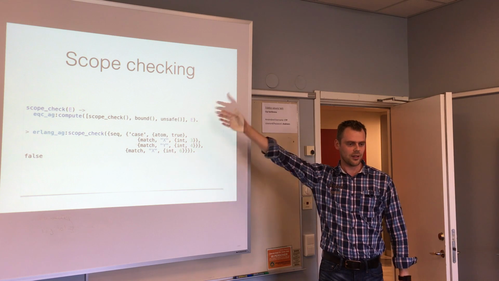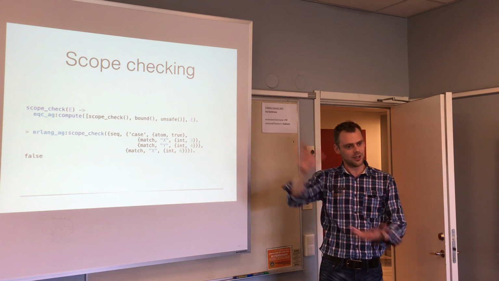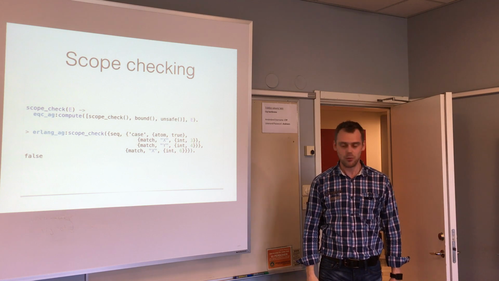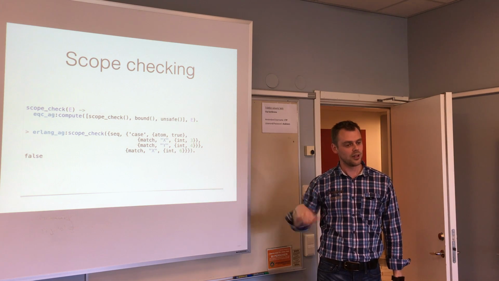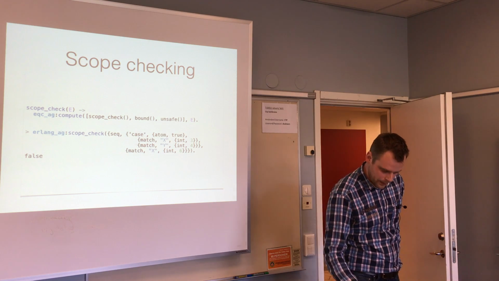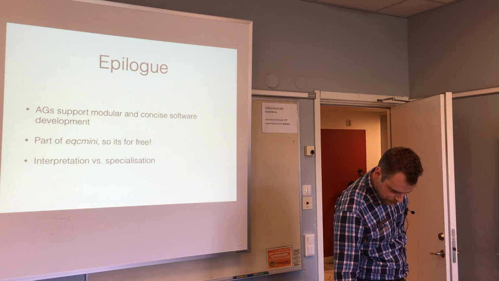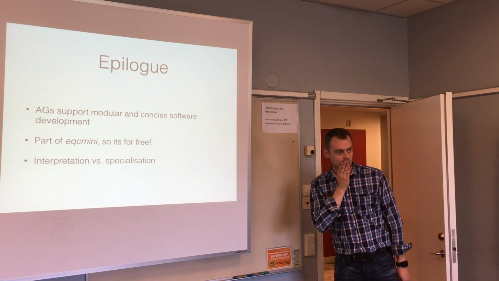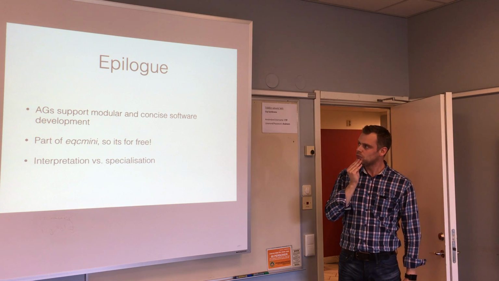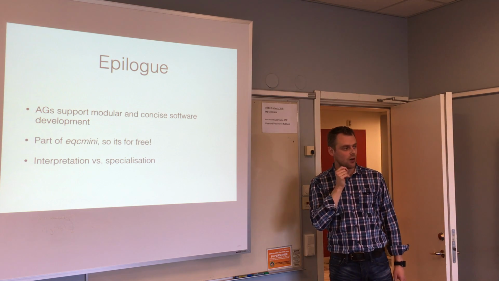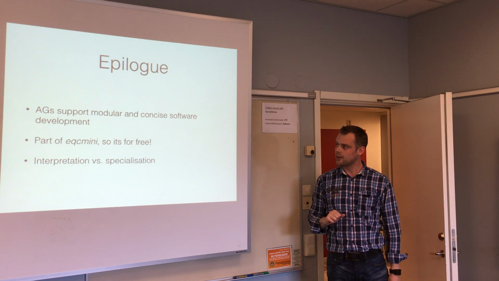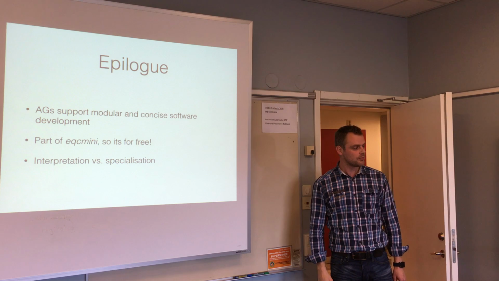So the point of this exercise was to see, okay, we can do some small type checking, and we check if variables are in scope and whether or not they are safe. So I've explained all 3 examples, and I've showed that attribute grammars allow for modular software development. And it's part of EQC Mini, so it's for free.